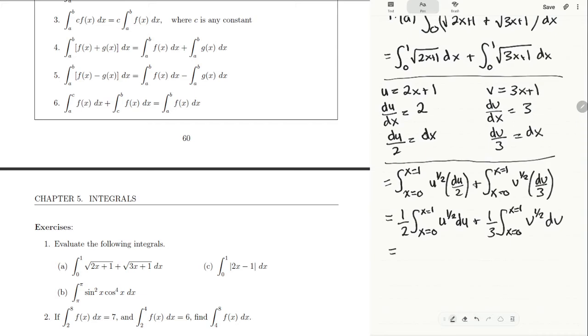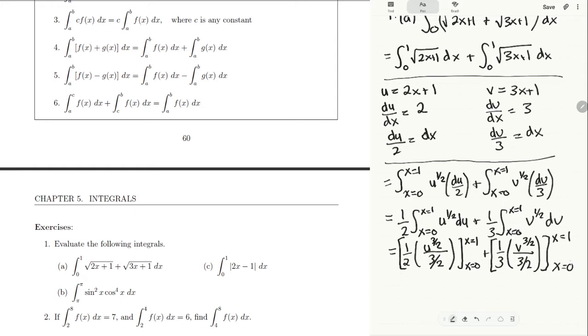So now we can integrate. We have 1/2 times u to the 3/2 over 3/2, and we evaluate at x equals 1 and x equals 0, plus 1/3 times v to the 3/2 divided by 3/2, and we evaluate this at x equals 1 and x equals 0.